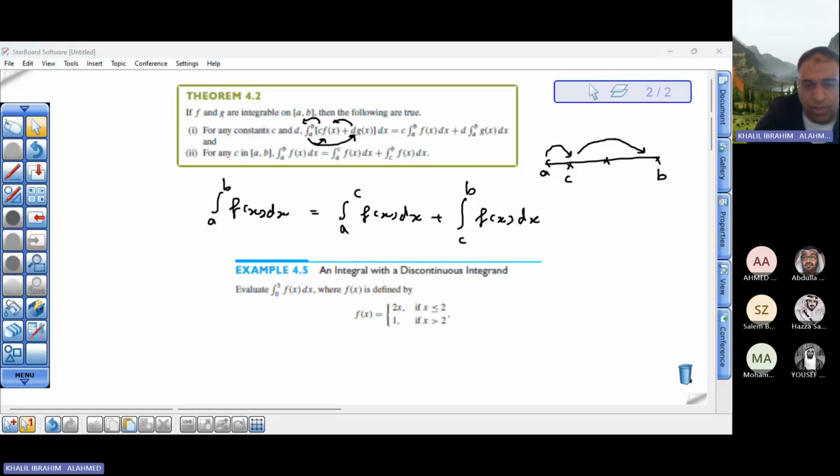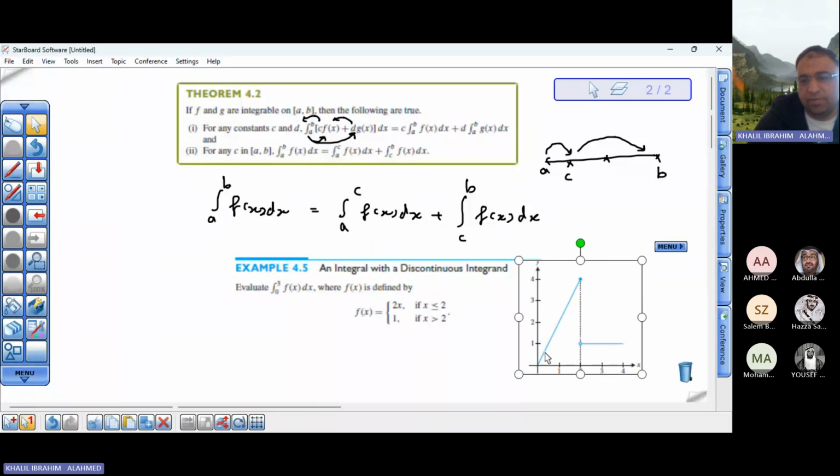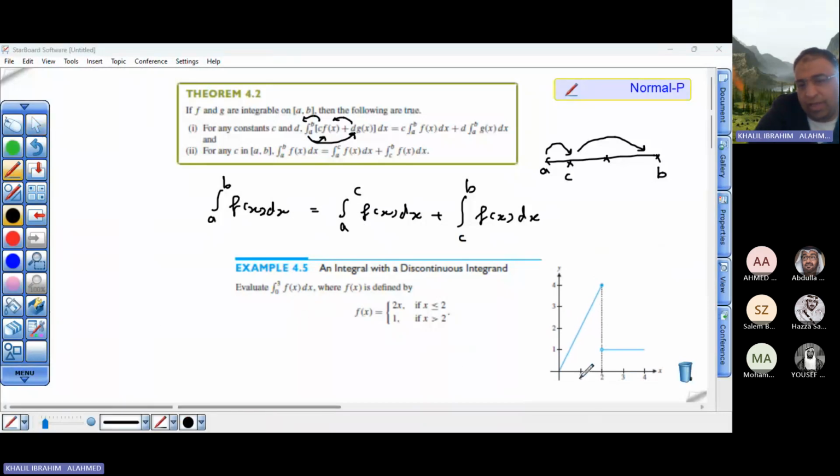Let me show you the graph to make the question clearer for each student. As you see, this is the graph. The question here: evaluate the integral from 0 to 3. Can I go from 0 to 3 directly? We cannot, because it is a piecewise function with two branches: branch 1 from 0 to 2, branch 2 from 2 to 4.